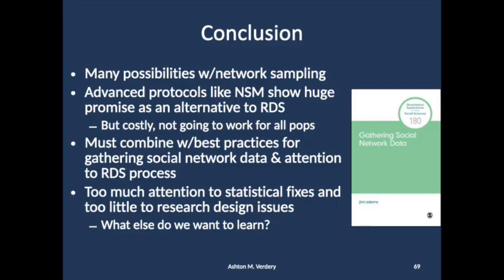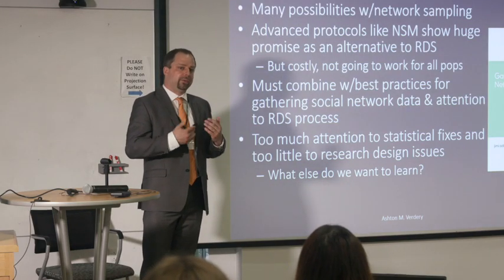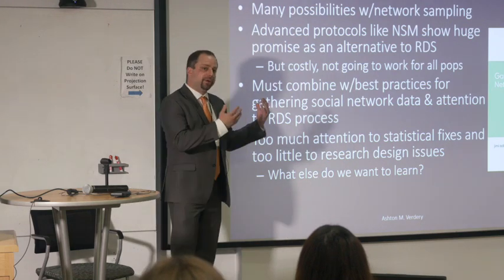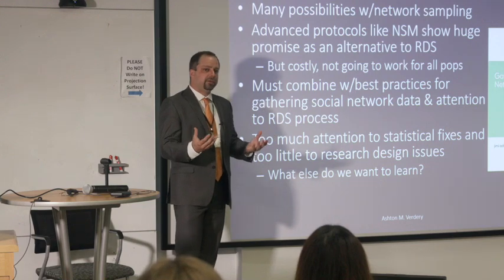So to conclude, I want to emphasize that there are lots of possible exciting things with network sampling. One of the challenges is that typically in network sampling approaches, the network itself is not the item of interest. Typically, it's using the network to gather the data. Network sampling with memory is sort of a bridge because it does also feature the network as an item of interest.